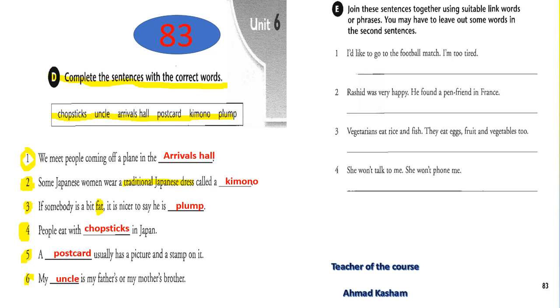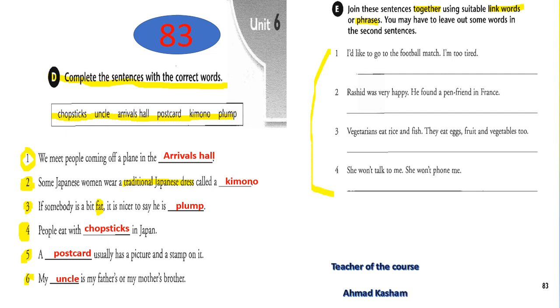Now, to exercise E. Join these sentences together using suitable link words. What are the link words? We have already learned them: but, and, or. We have also a link phrase like as well as. Yes. Now I have some sentences here.